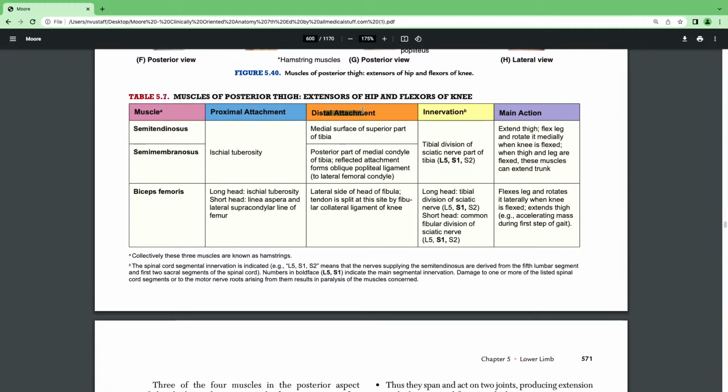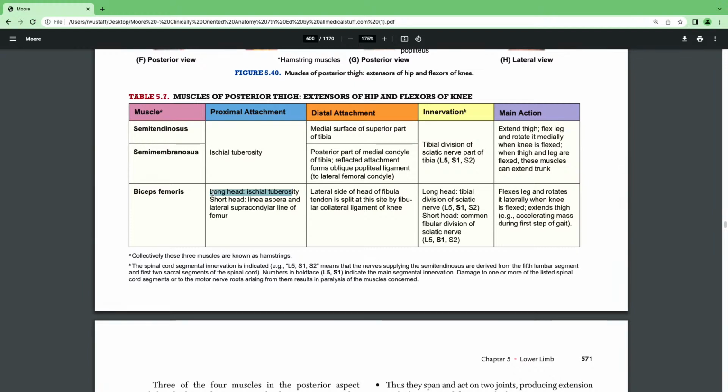The second important characteristic is that their proximal attachment is the same. Okay? And yes, it is the ischial tuberosity. It will be semitendinosus or semimembranosus, or the long head of the biceps femoris muscle. So literally it doesn't matter.